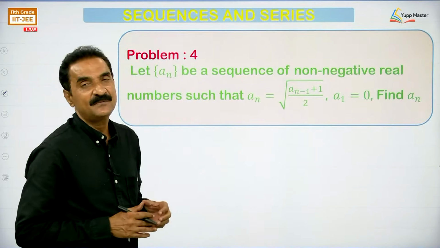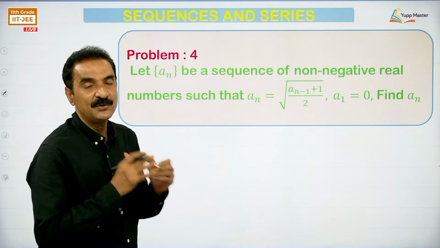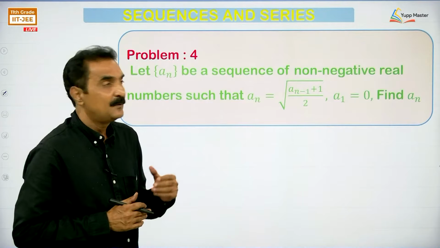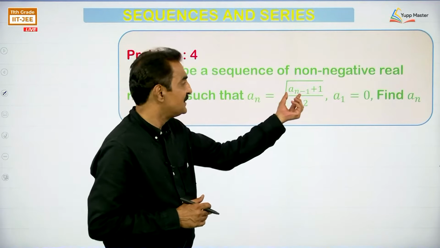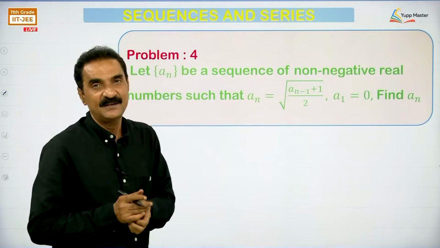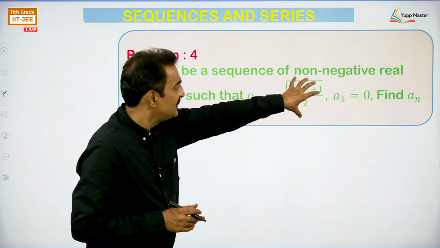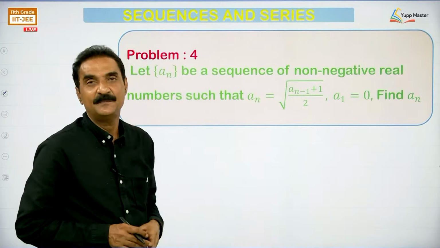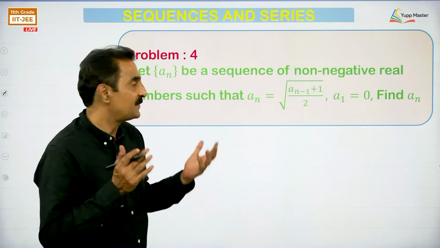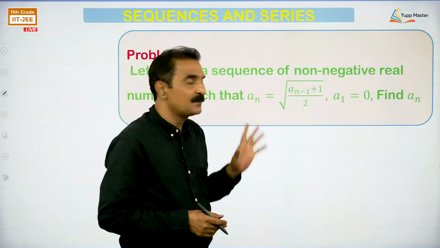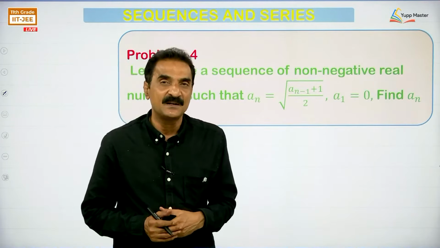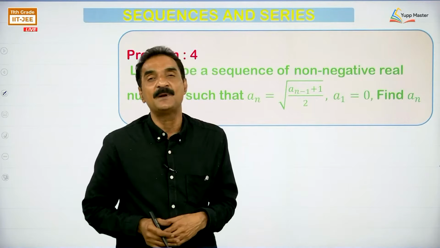In this question we are going to use a new technique, that is the substitution method. We will substitute an minus 1 as something so that this will be in the form of an minus 1 only.